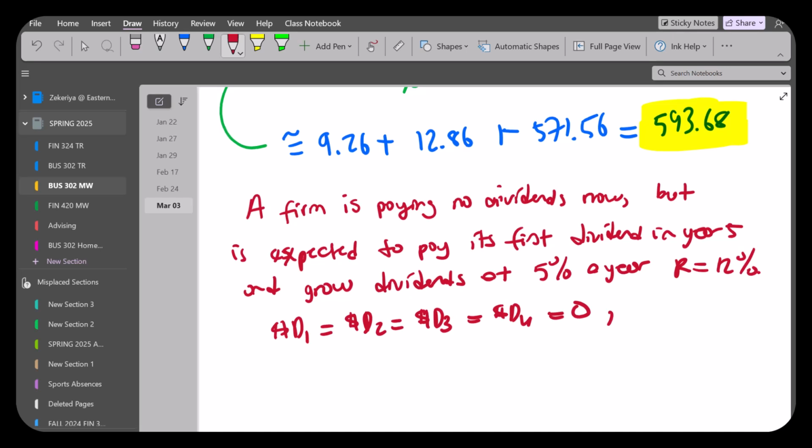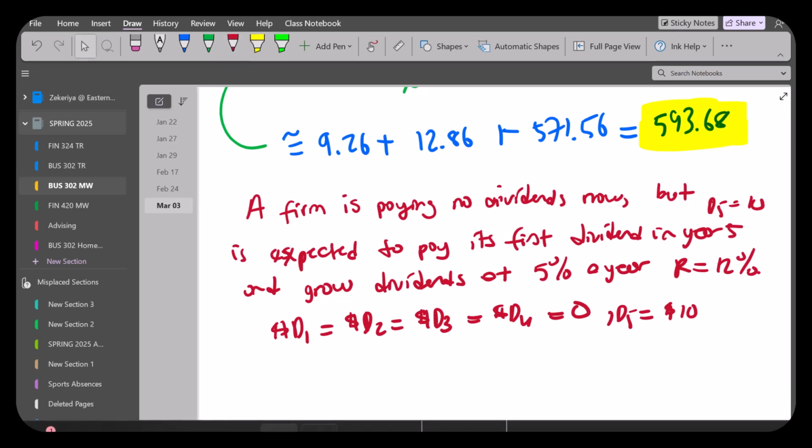Then the fifth year is, oh, we didn't say what it was. Let's say $10. Then I can use the same model, except I change the number.